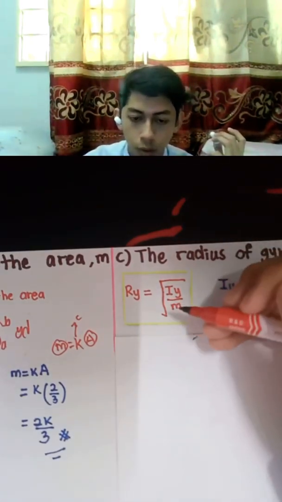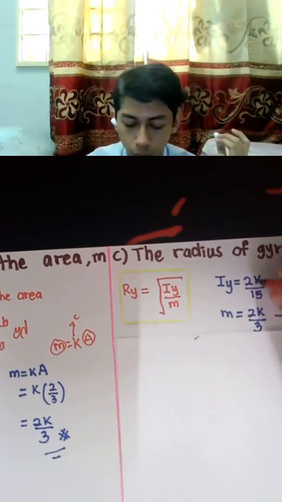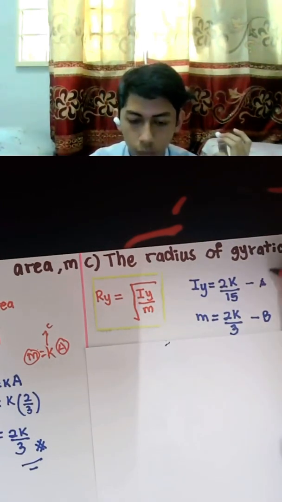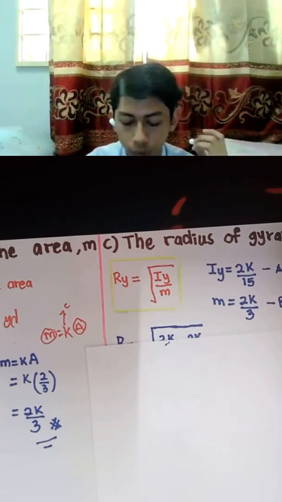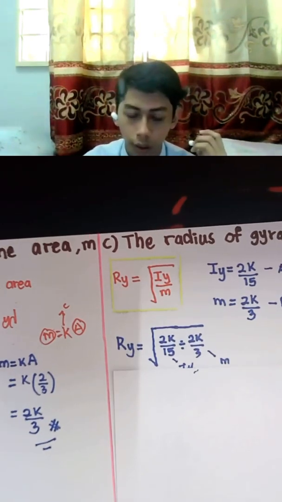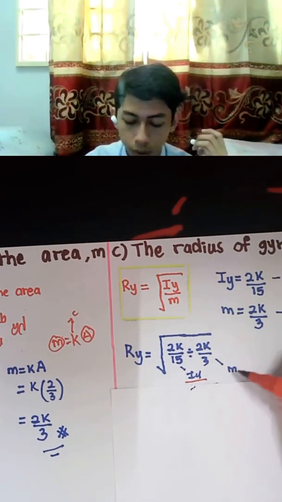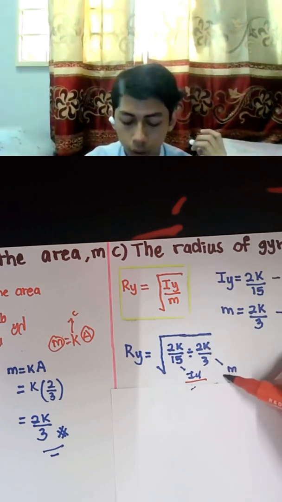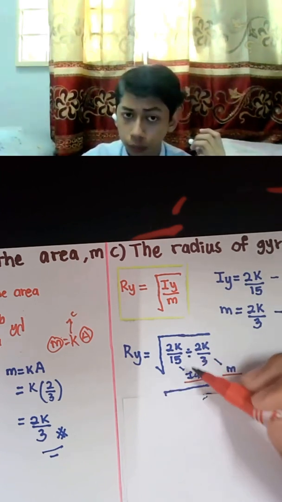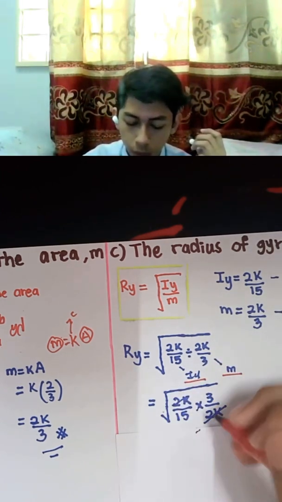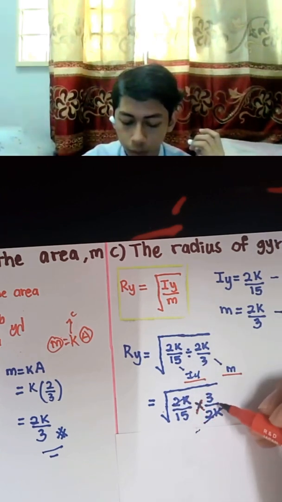We have the formula Ry equals the square root of Iy over M. So this is Iy equals 2k over 50 from question A, and M equals 2k over 3 from question B. We can put in the formula: 2k over 50 is Iy, and 2k over 3 is M. We divide it, and we can multiply it, becoming 2k over 50 times 3 over 2k.